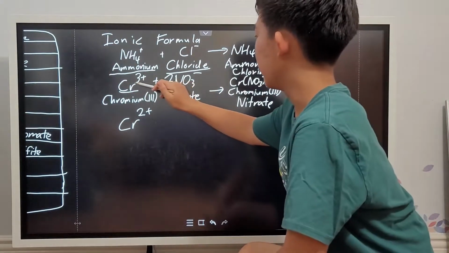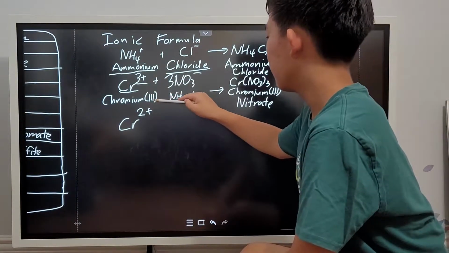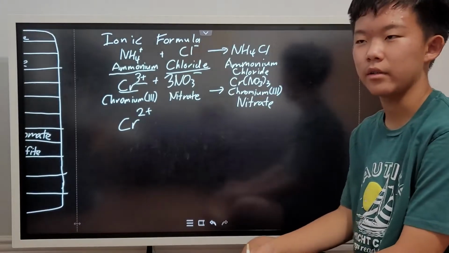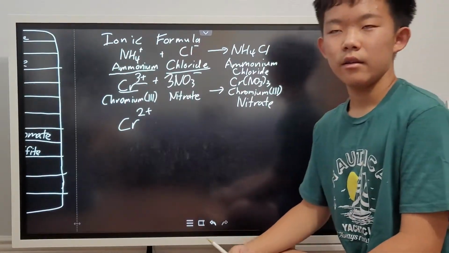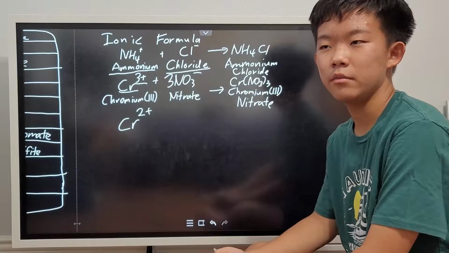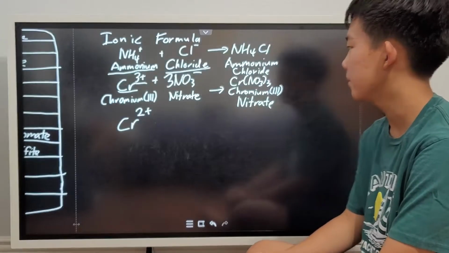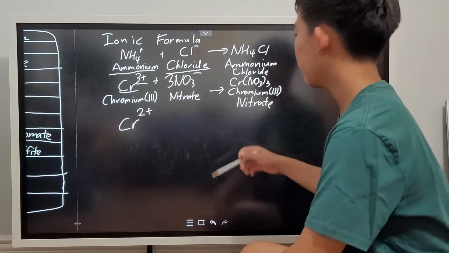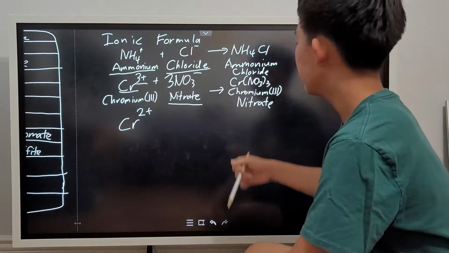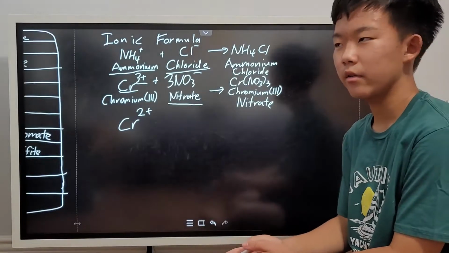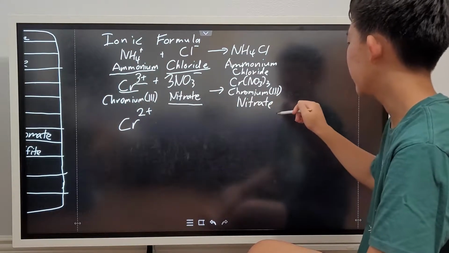Because the oxidation state is 3, we put three I's representing 3. There are some tutorials on Roman numerals here and there, so you might want to know that before you move on to the Stock system. Okay, so now we get our anion, nitrate, and if you mash them together, you get chromium(III) nitrate.